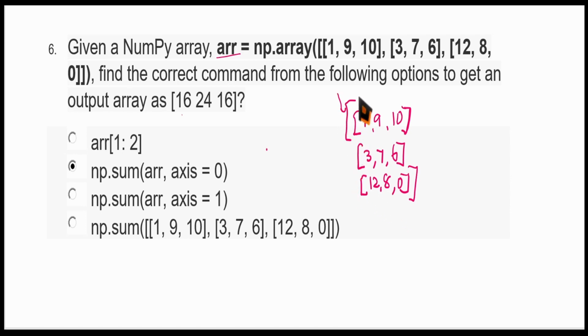This square bracket and this square bracket indicates that it is a 2D array. There are two square brackets and it is the inner dimension and it is the outer dimension.